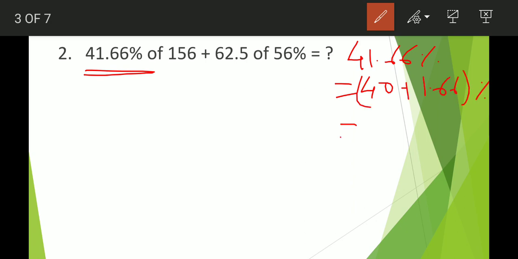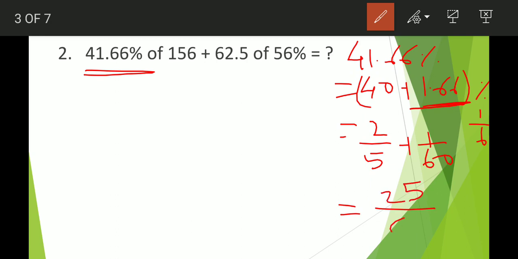This 40 percentage is 40 over 100, which is equal to 2 by 5, and this 1.66 percentage can be treated as 16.6 over 10. As we have seen in our last question, this 16.6% gives us 1 by 6, so this would give us 1 by 60. If we simplify this further, we would get 25 over 60 or 5 over 12.